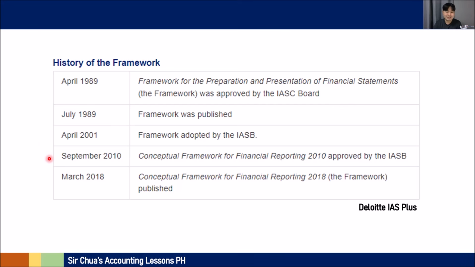When I was in college, first year college to be very specific, in September 2010, nirelease po yung bagong Conceptual Framework for Financial Reporting na 2010 edition, which was approved by the IASB. So we were transitioning that time from the Framework for the Preparation and Presentation of Financial Statements released before, and then when I was first year college, bigla siyang naging Conceptual Framework for Financial Reporting, although it was just 4 chapters at that time.